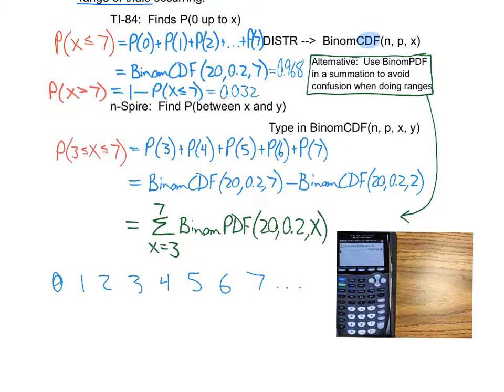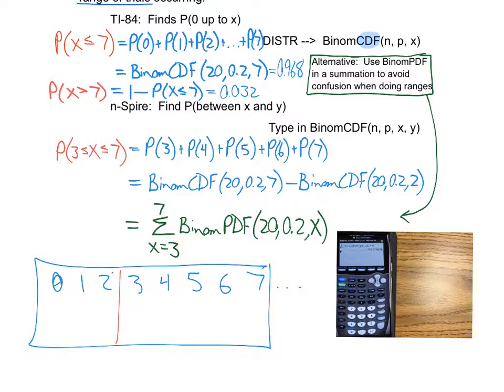The binomial CDF up to 7 includes all of this. The binomial CDF up to 2 cuts this part off, so you only get the piece you want. The summation notation just calculates each one separately and adds just the ones that you need. So really, this is just a matter of preference. Whichever way makes sense to you, go with it.